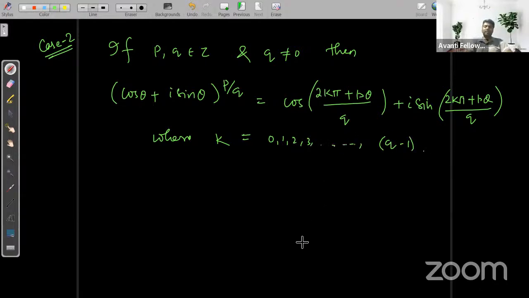Okay, so this is the second case of de Moivre's theorem.